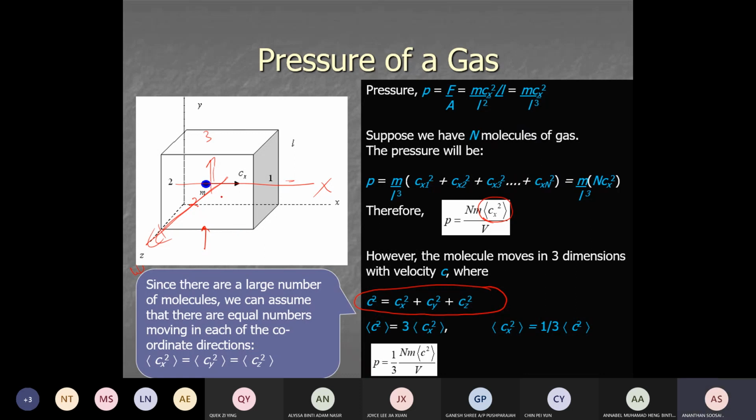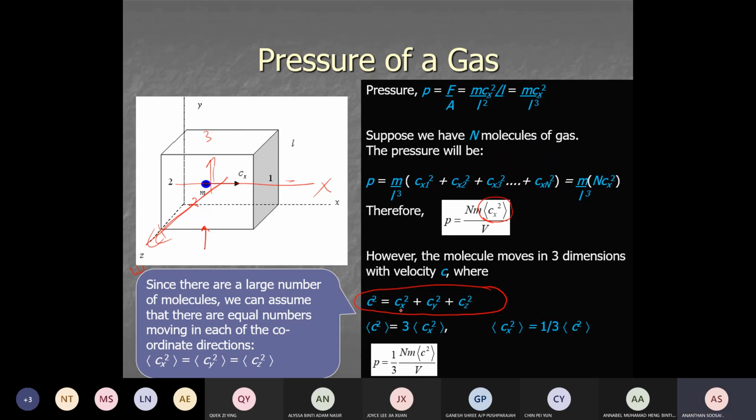If the pressure is the same, the total momentum change in these three dimensions is the same. That means cx squared, cy squared, cz squared must be the same because pressure in all directions is the same.